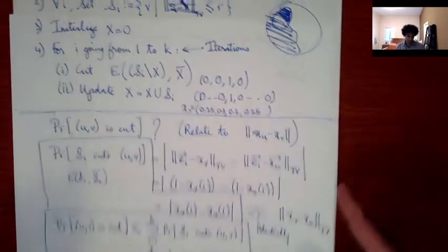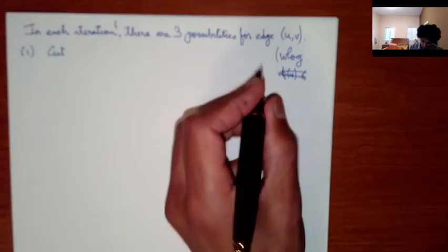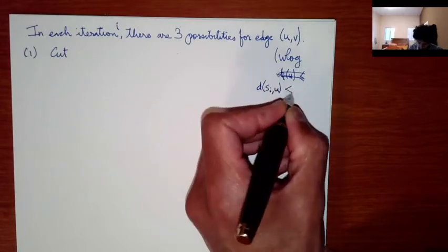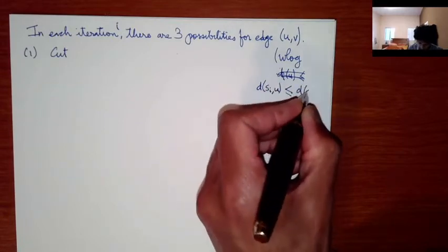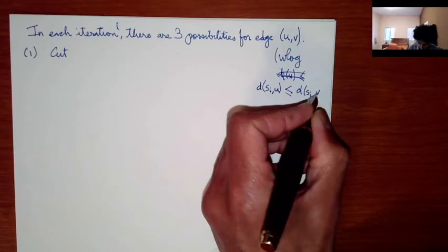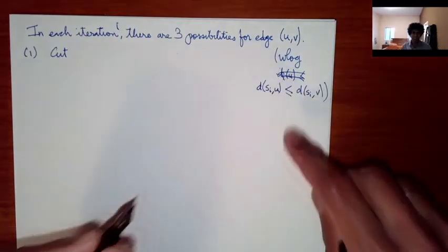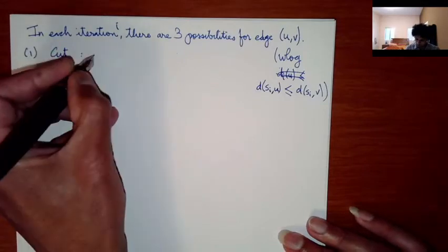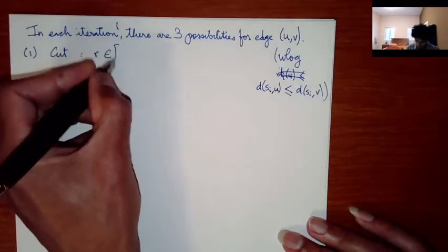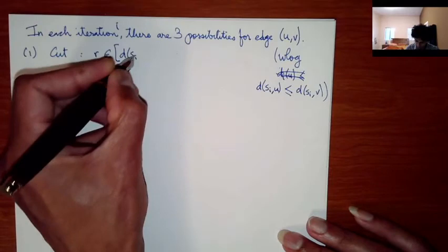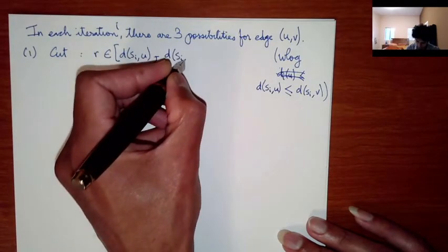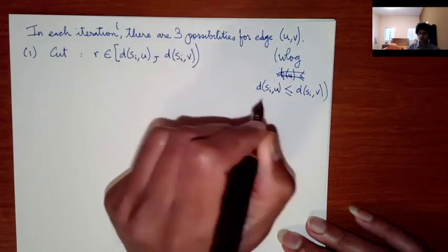So these are the distances. But we can just say, without loss of generality, that the distance d_Si(u) was less than or equal to the distance d_Si(v). Just relabel u and v so that this is true. So it could be cut. What does that mean? It means that r lay between the distance d_Si(u) and d_Si(v). So r lay in this region.